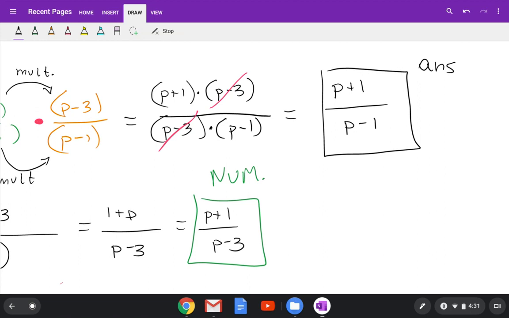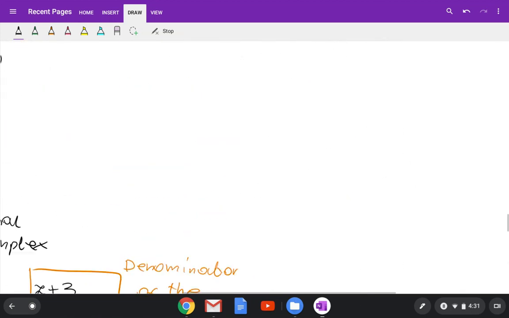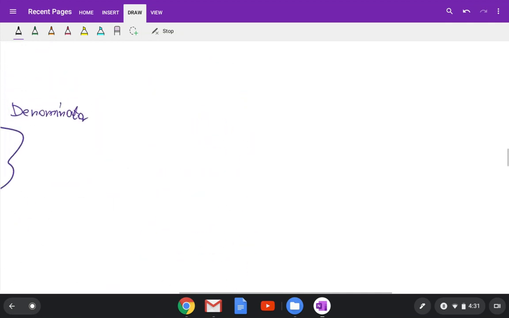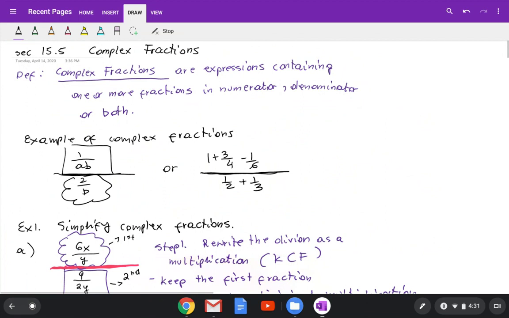Okay, that's it. That was the last example from section 15.5. I believe this one was 15.5, complex fractions. Okay, it takes time when you are just starting. I really don't recommend just watching and listening to what I'm doing. I recommend having your notebook and trying to solve it.